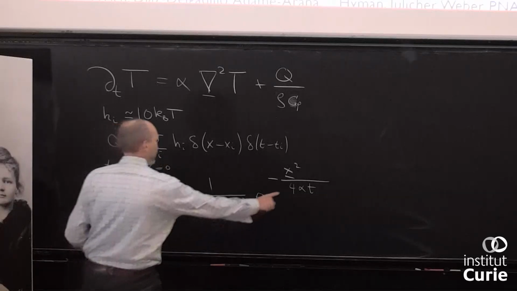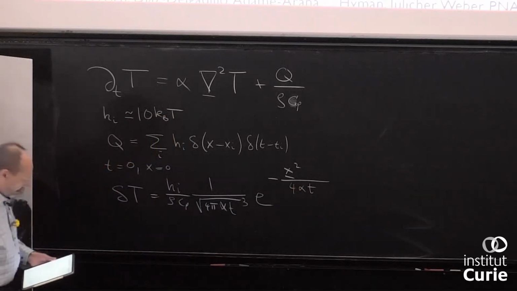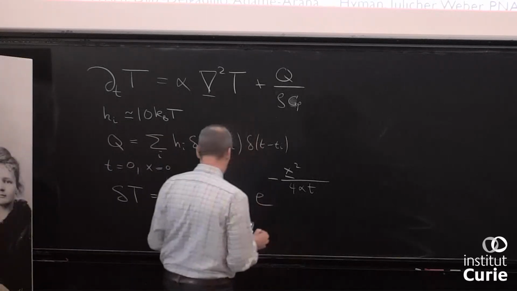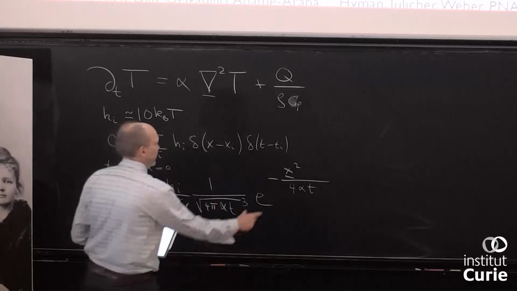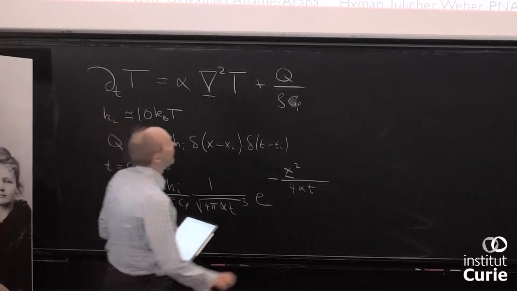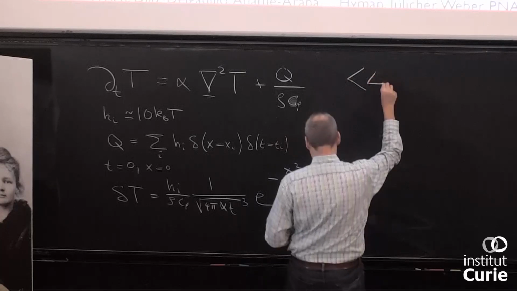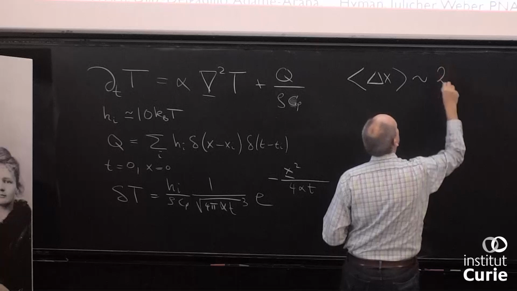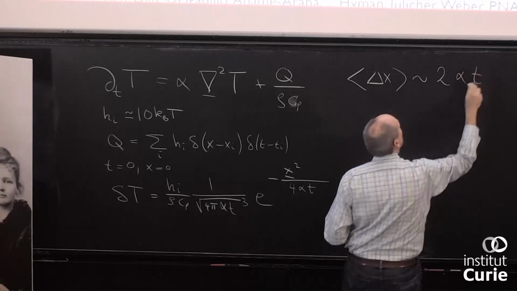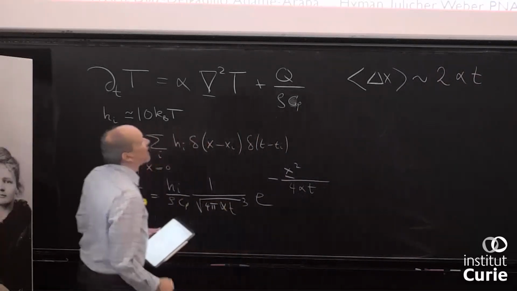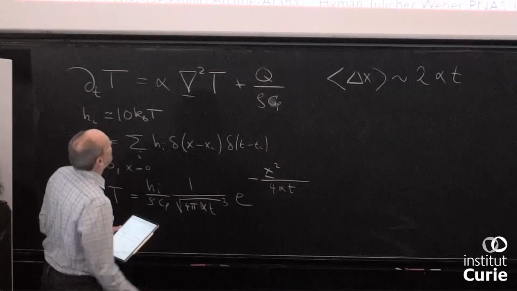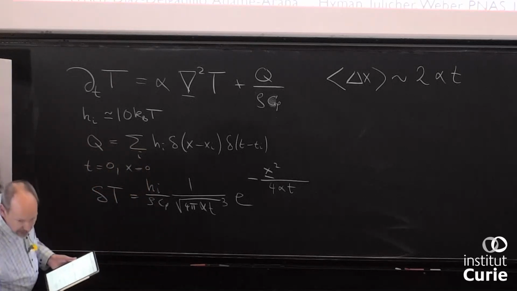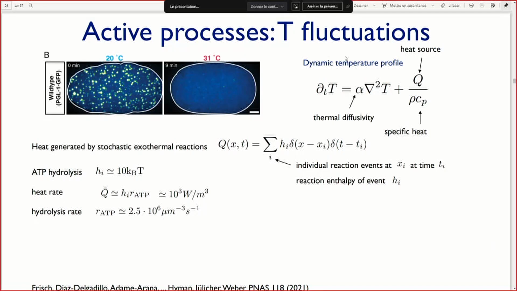If we put in very short time scales, let's say the first 100 picoseconds, this event has spread over a distance by this diffusion law. So the spread of this event is diffusive with a diffusion coefficient given by the thermal diffusivity.